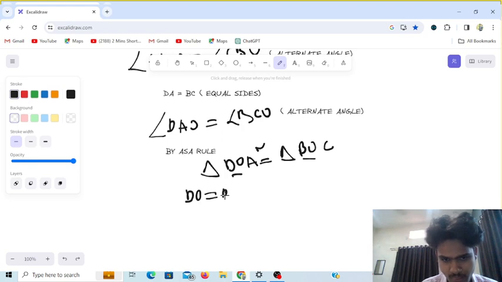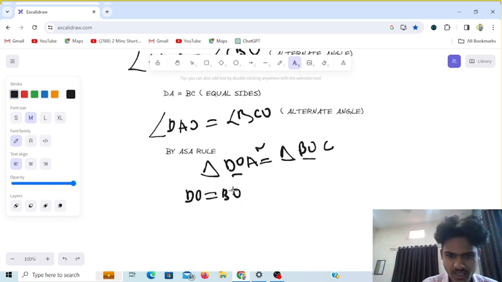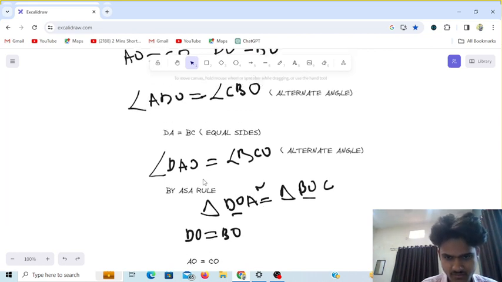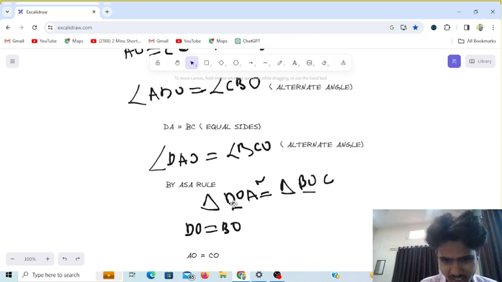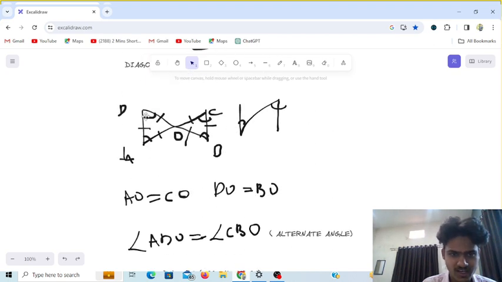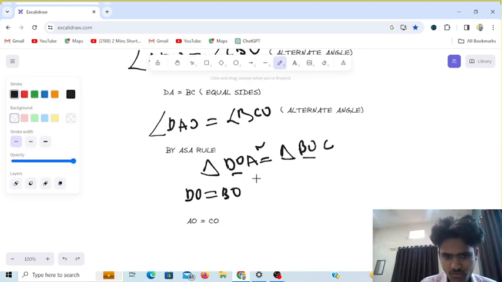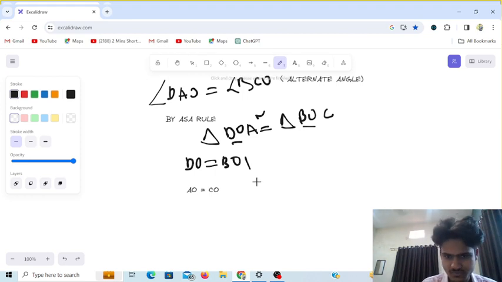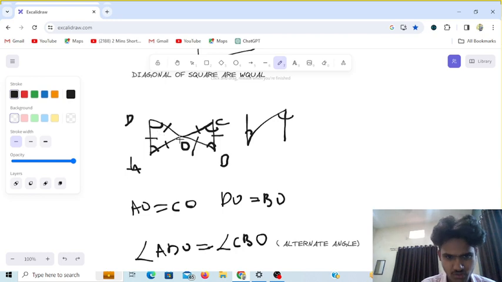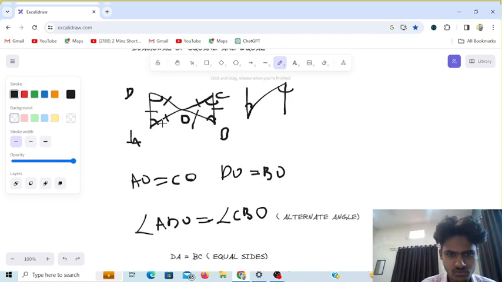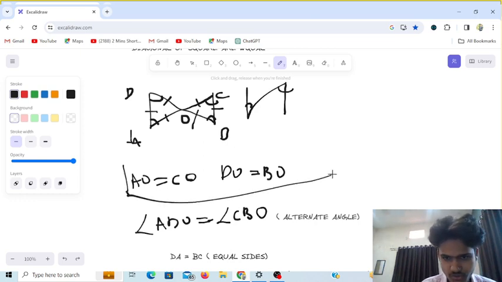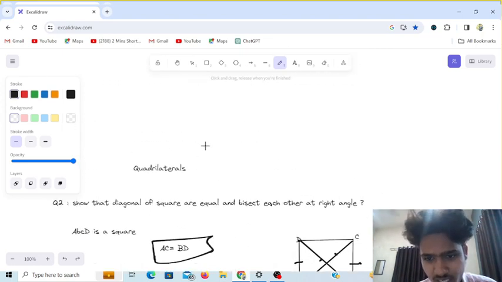From this we can write that DO equal to BO, and AO equal to CO. By CPCT rule we can write that, because first of all we showed that triangle DOA is congruent to BOC, and from this we can write that DO equal to BO and AO equal to CO. What we have to show is that the diagonals bisect each other.